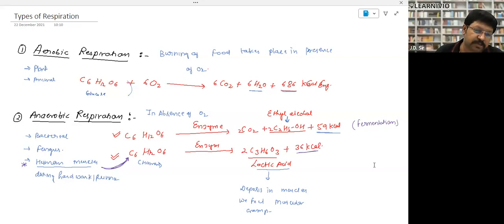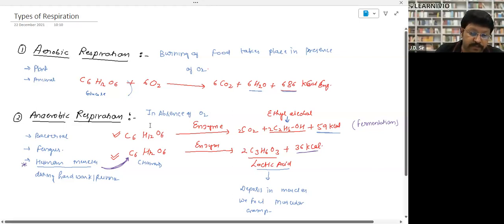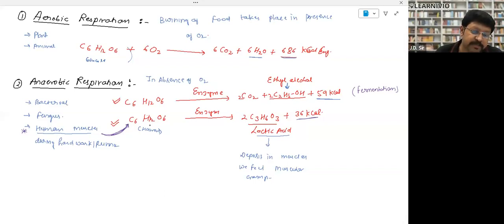Now, what is the anaerobic respiration? Burning of carbohydrate or food or substrate takes place in absence of oxygen. It can be of two types. Normally it takes place in bacteria and fungi. It also takes place in human muscles when the supply of oxygen is less in our body. The muscles or body part which do not get an optimum amount of oxygen start anaerobic respiration.